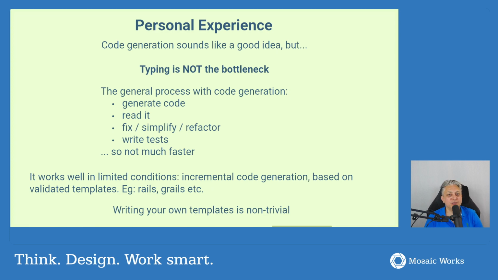My general process with code generation has always been: I generate code, I then look through it, read it, and then I have to fix things, I have to simplify things, I have to refactor, because sometimes there are bugs, sometimes it doesn't compile, things don't fit. I have to simplify and refactor because generally the generated code that the tools had as output was not great.